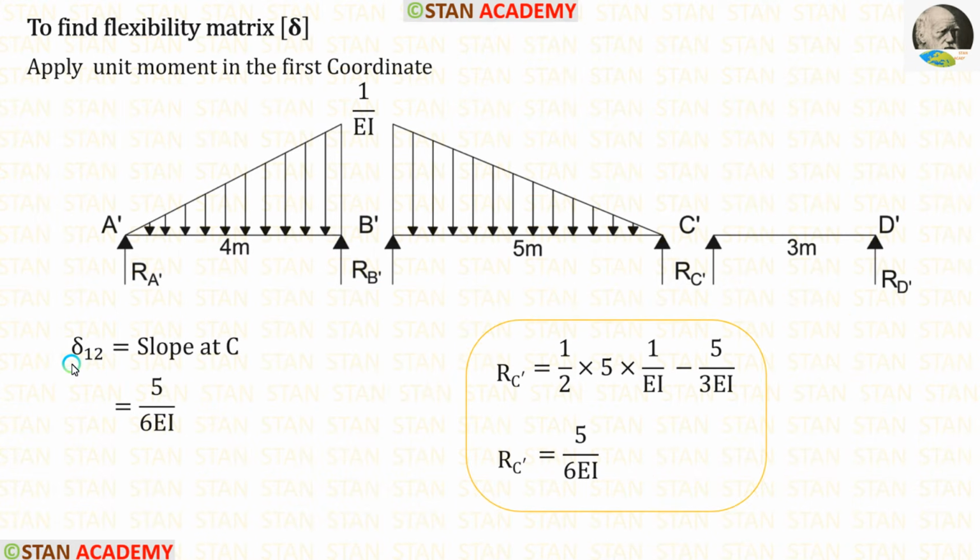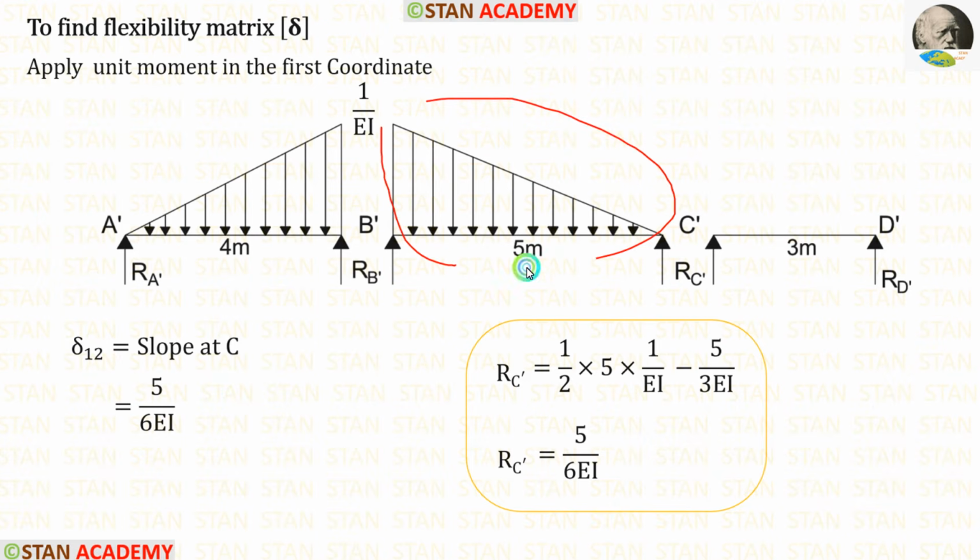Now, let us calculate delta 12. For that, we have to find RC dash. No need to calculate RC dash in the beam C dash D dash because there is no load. Only we have to calculate RC dash in the beam B dash C dash. We can easily calculate RC dash by taking the total load.